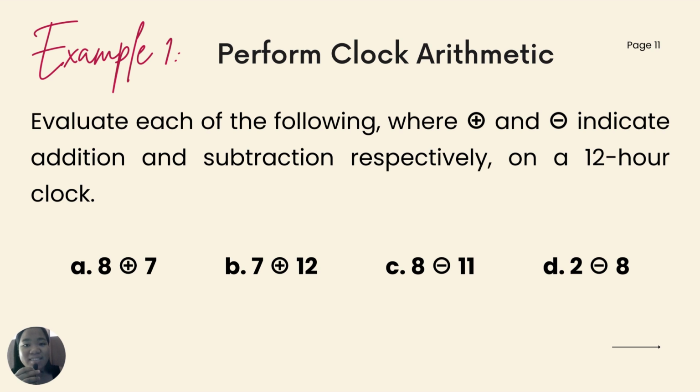You can base your answers on the clock, or use a clock if you have one. So letter A, letter B, letter C, and letter D. Who can answer letter A? Okay, letter B, letter C, and letter D.